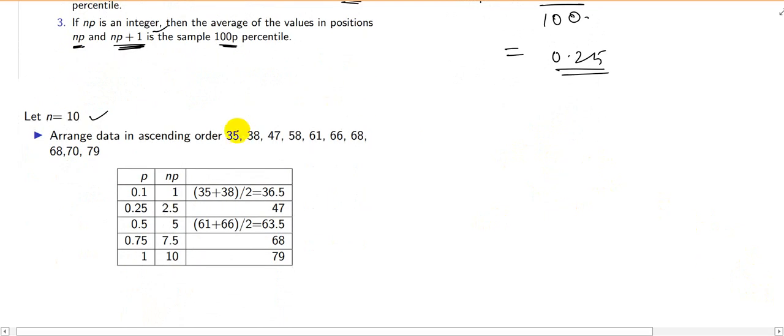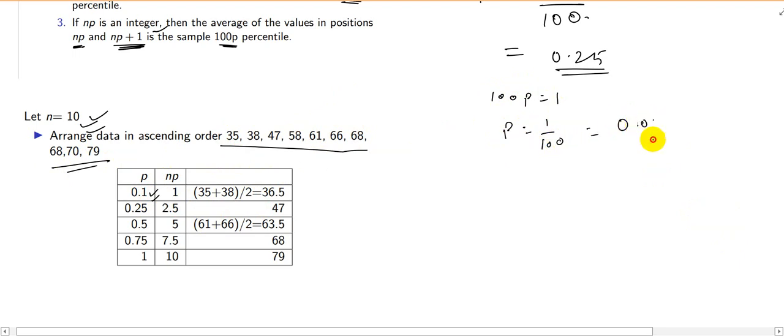So let's start with this. The value of n is given, and there are 10 data points arranged in ascending order for you. Now you are asked to find the 10th percentile. If we have to find the first percentile, then 100p is equal to 1, p is equal to 1 upon 100, which is 0.01.